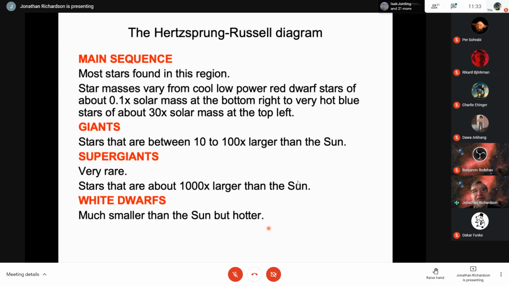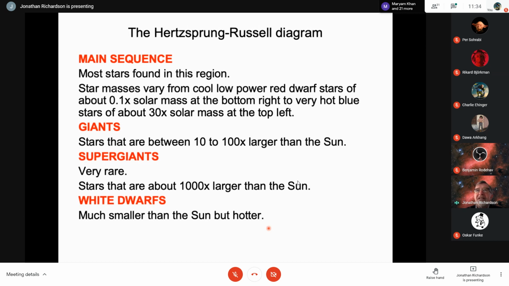So the main sequence is where we find most of the stars that we look at fit into this region, which means the majority of the stars in the sky are between about 1/10 of a solar mass up to around 30 times the solar mass.